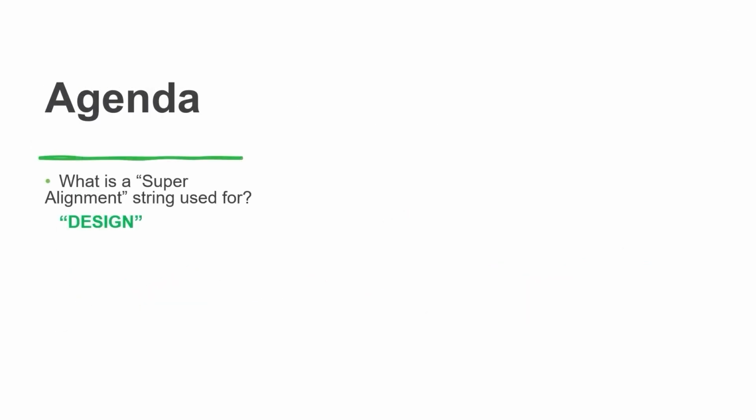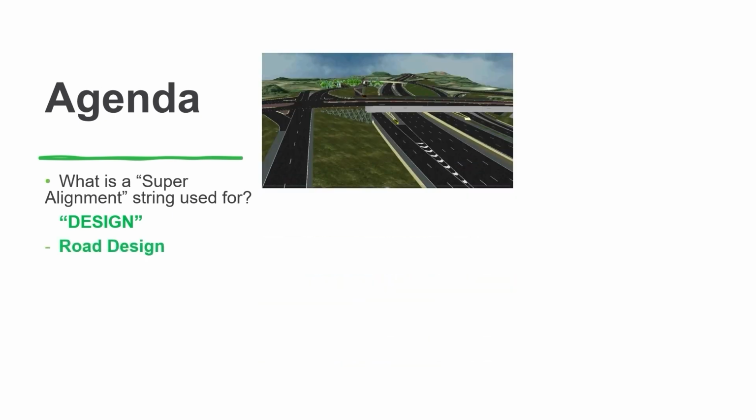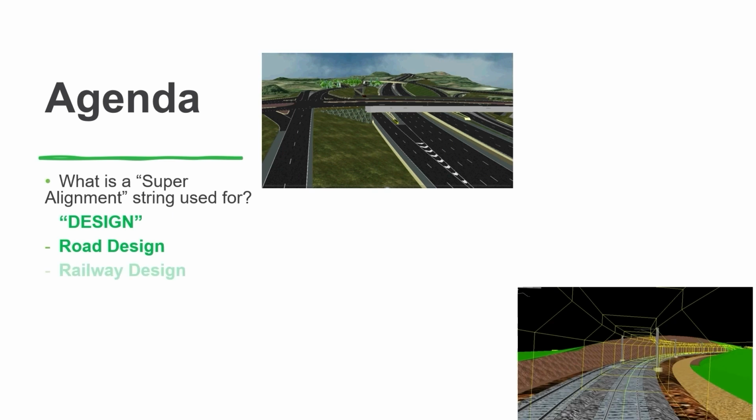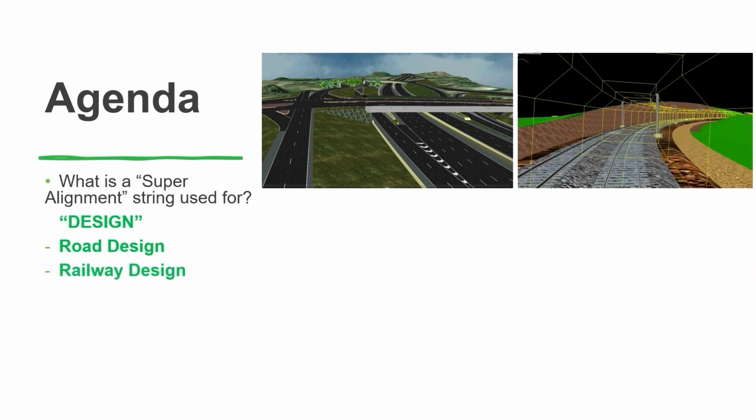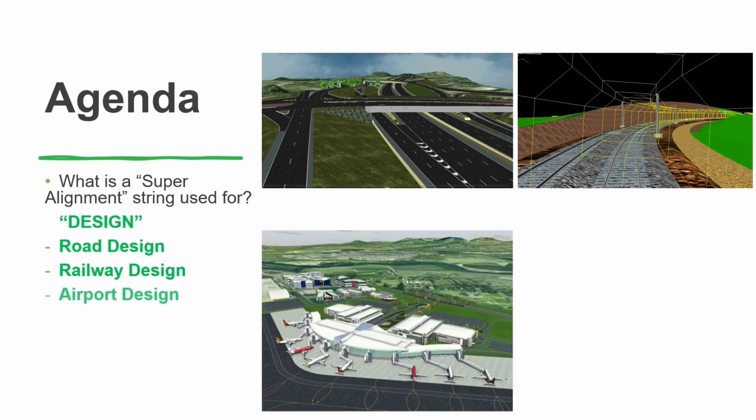So what is a super alignment used for in the industry? Essentially it is design, whether it's a road design that you're doing. Each road would have a separate super alignment, and you can see that from the picture in front of you there. Rail design as well, so your track center lines, definitely you'd need a super alignment to determine the horizontal and vertical geometry for the center line of the track.